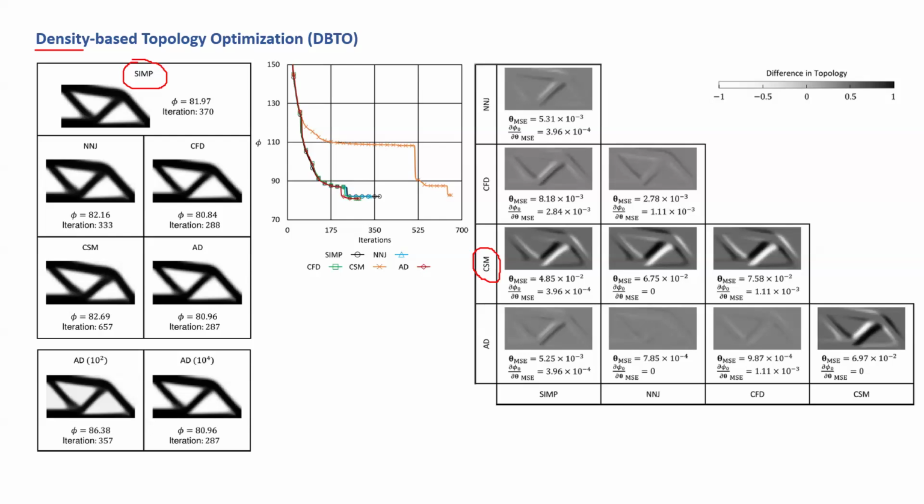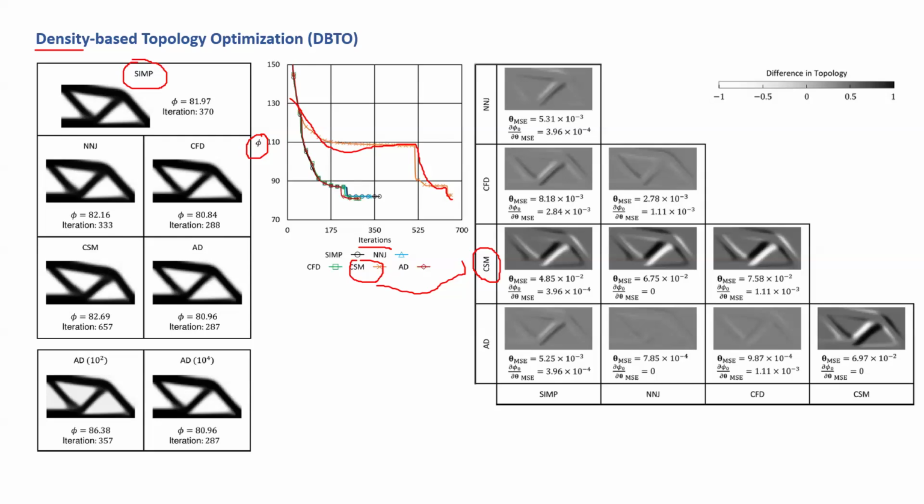And if we look at the plot of the iterations, this is a convergence plot versus the compliance, which is the objective function, we observe that the complex step method right here is the one that has a different path for convergence, and it also produces a somewhat different topology. Not too different.